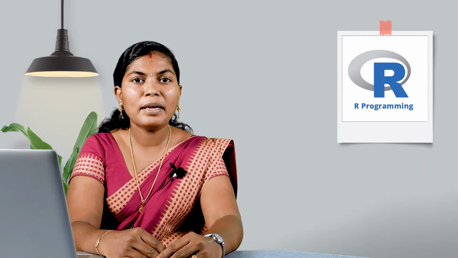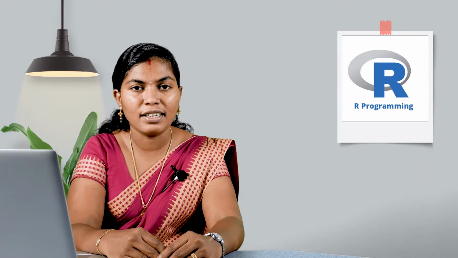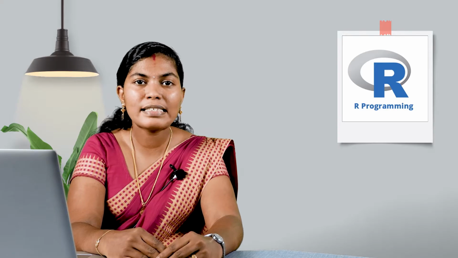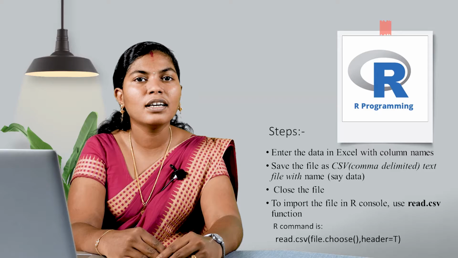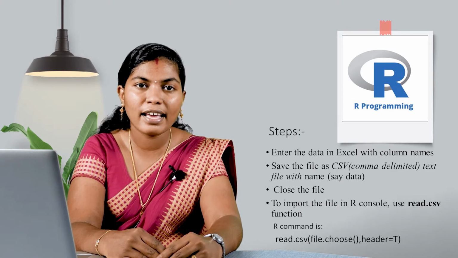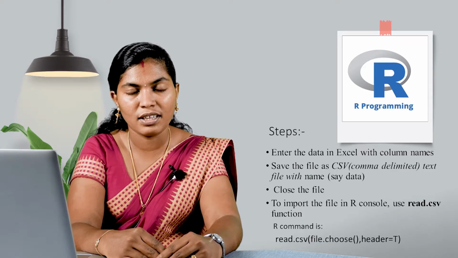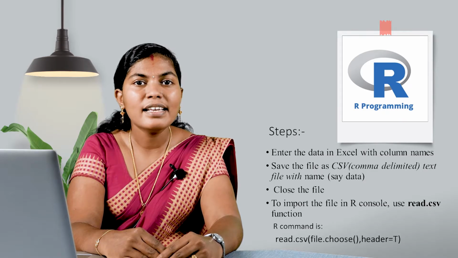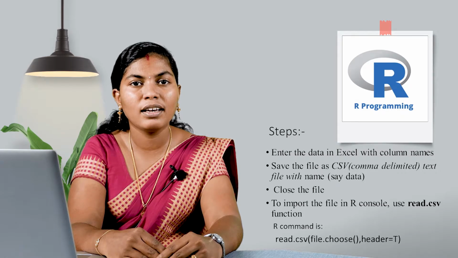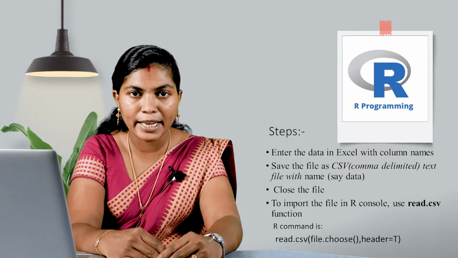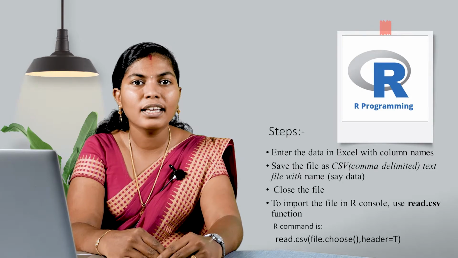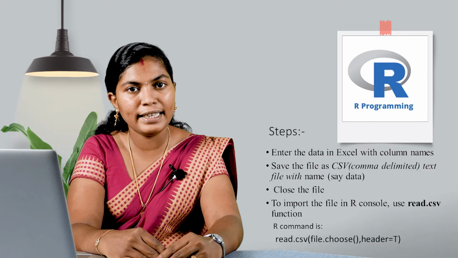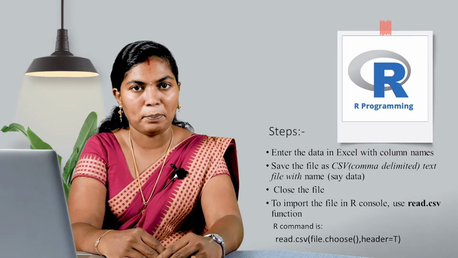Now let's learn how to import data from Excel into R. In order to import data from Excel into R, the various steps to be followed. First step is, first enter the data in Excel with column names. Remember to shorten the column names. Then save that file with a particular name followed by CSV, delimited text tab.